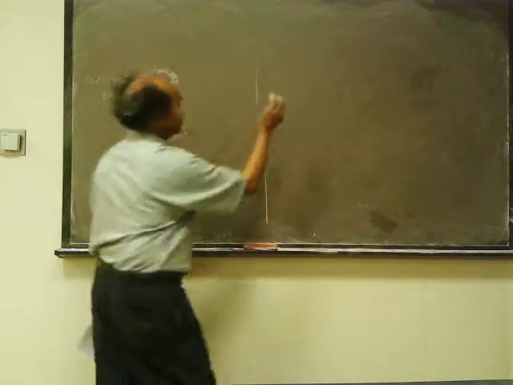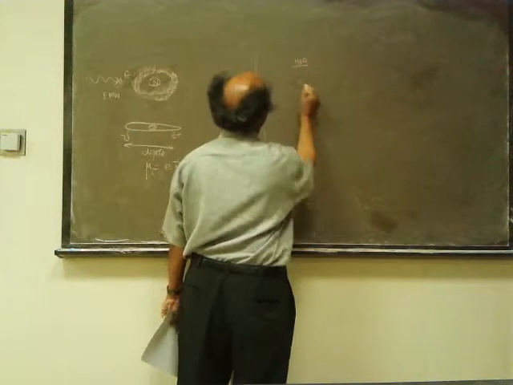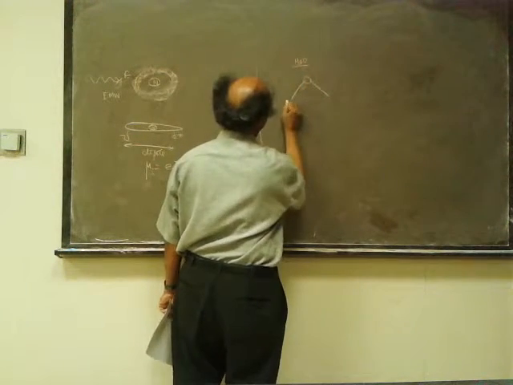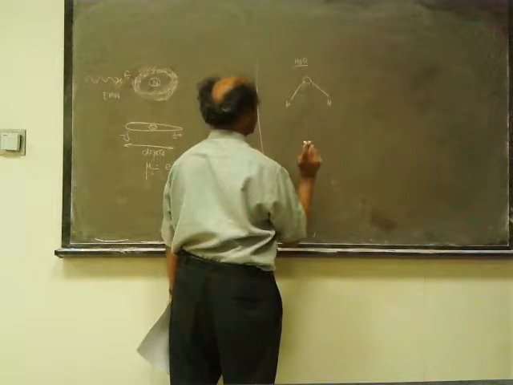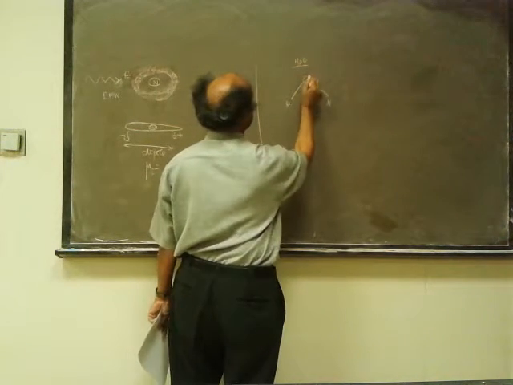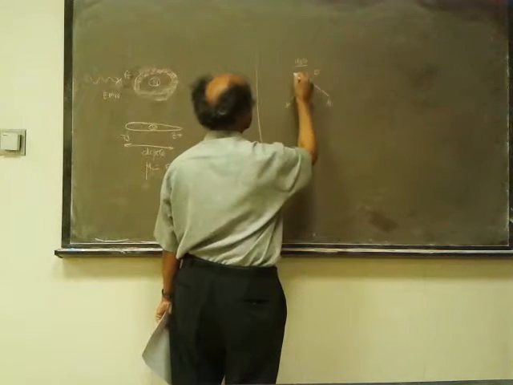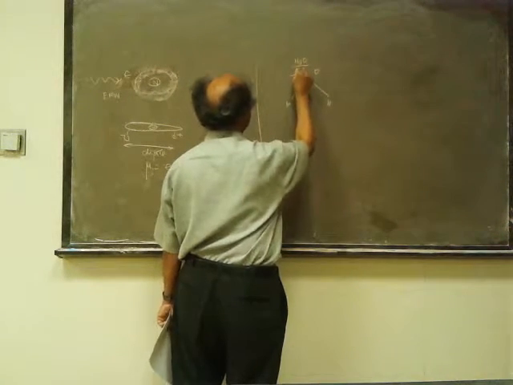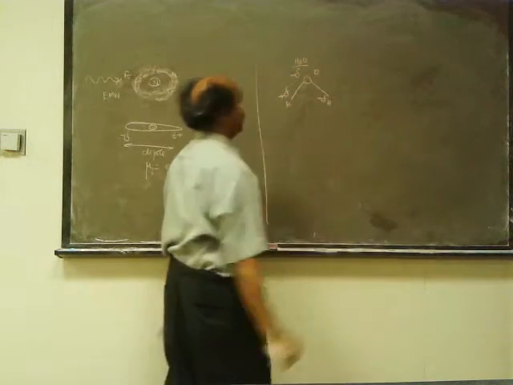Next, let us consider the water molecule. The molecular structure of water is this. You see the next problem. This is oxygen. Oxygen is electronegative, so you will have more negative charge and more positive charge.